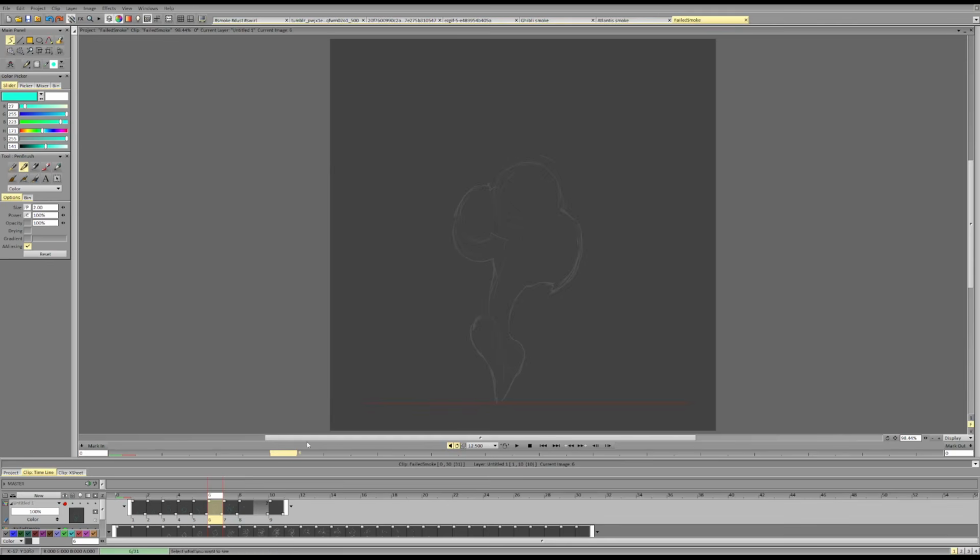So what we need to do is pick a force that will be the dominant force and figure out how it will influence the animation.